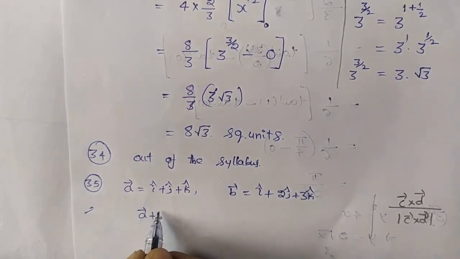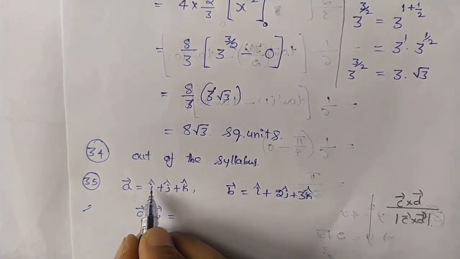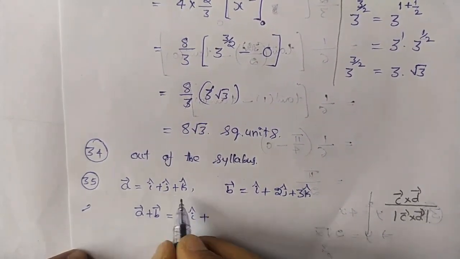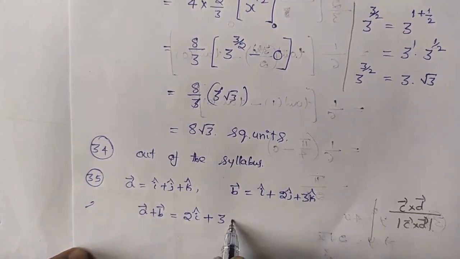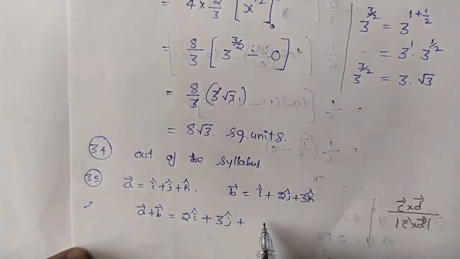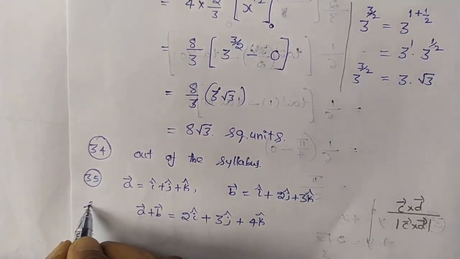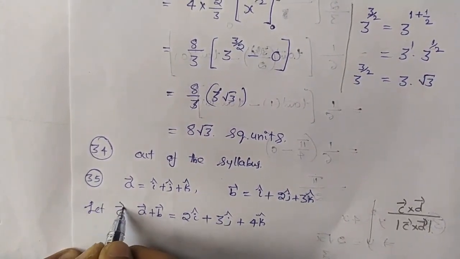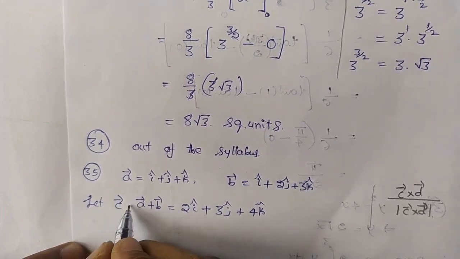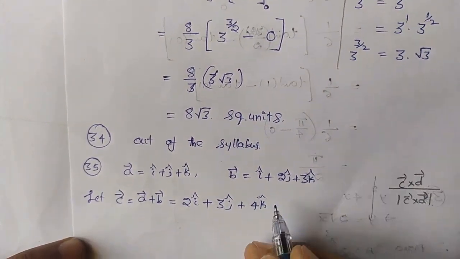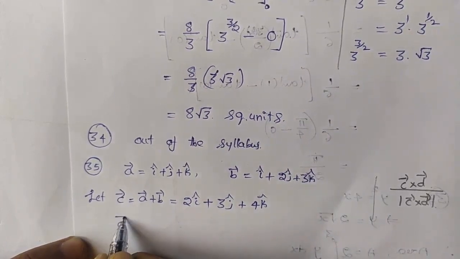A plus b, that is equals to i plus i is 2i, plus j plus 2j is 3j, plus k plus 3k is 4k. Let us consider this vector to be c vector, because we know the formula in terms of c vector and d vector. Next, similarly find out d vector.